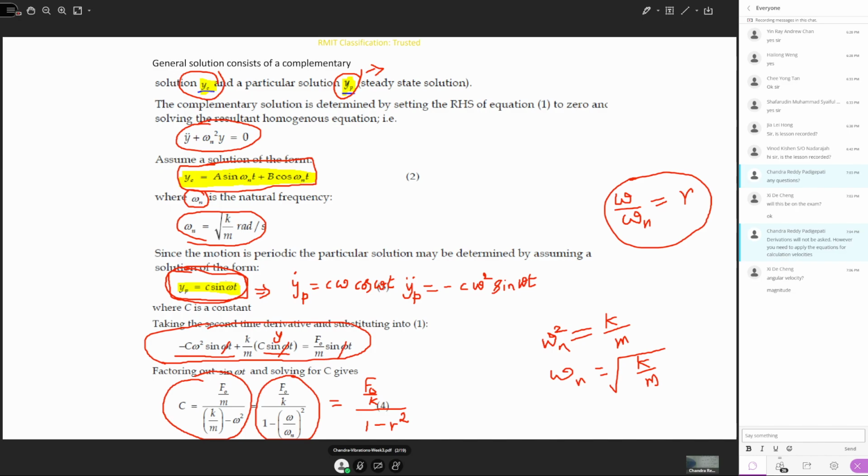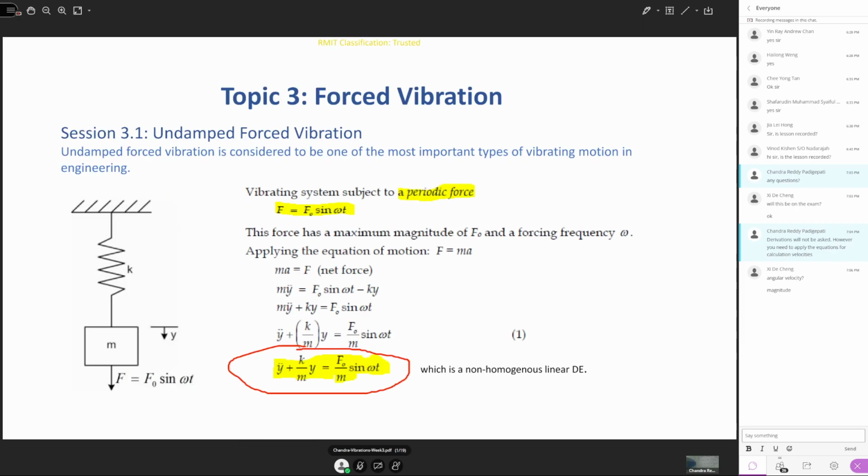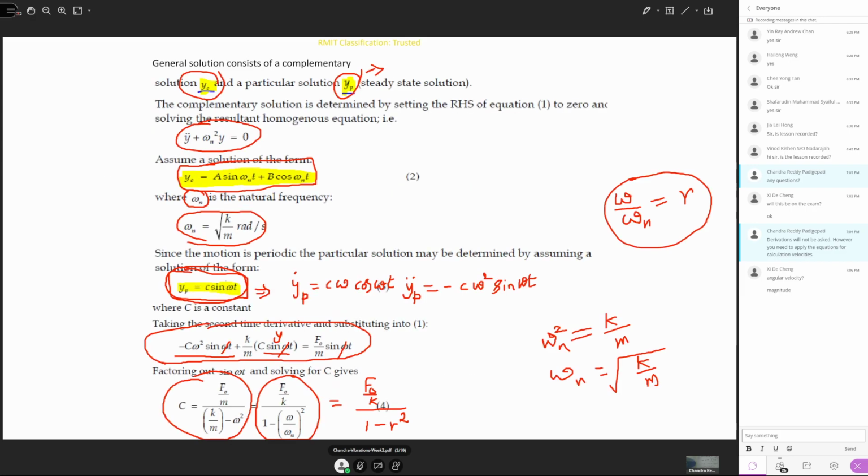So what have we done so far? We got the equation of motion for the undamped forced vibration. From the equation of motion, we know that the right hand side is no longer zero. Therefore the equation will have two types of solutions.